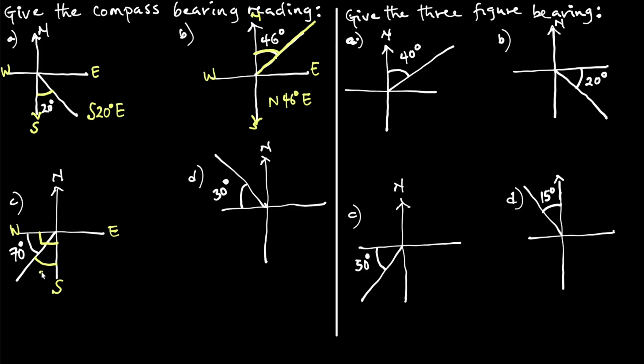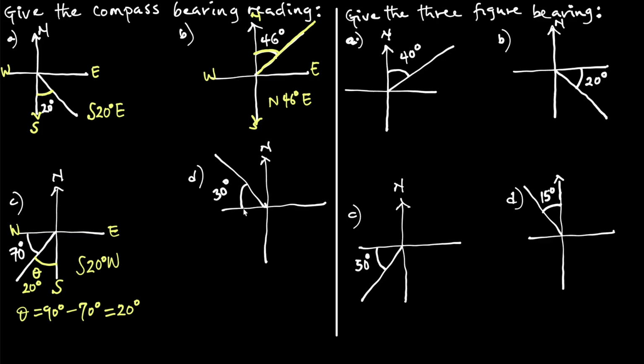So to find the little angle here, we have to subtract 70 degrees from 90 degrees. So if I call this theta, because that is the angle we need, we have theta equals 90 degrees minus 70 degrees. That is equal to 20 degrees. And now this is 20. You can now write your compass bearing as south 20 degrees west.